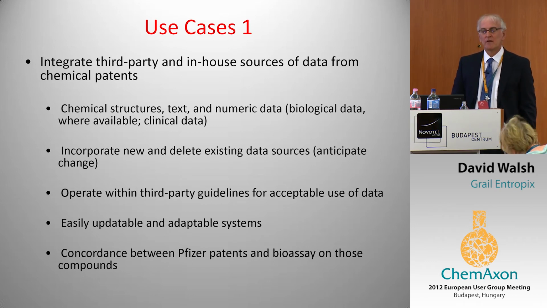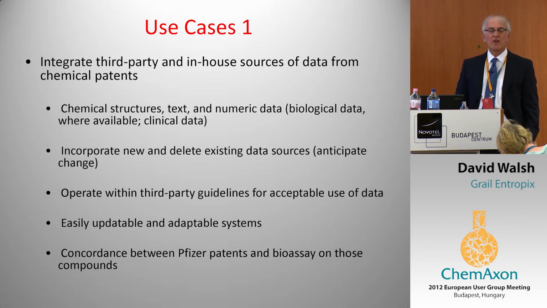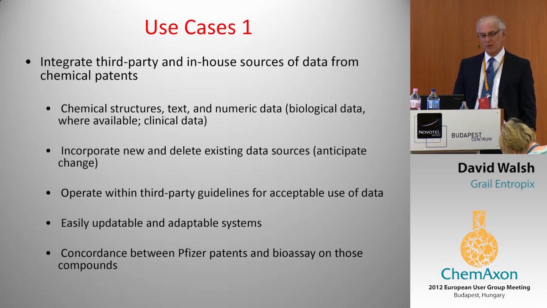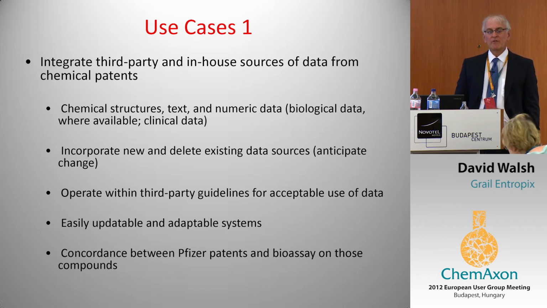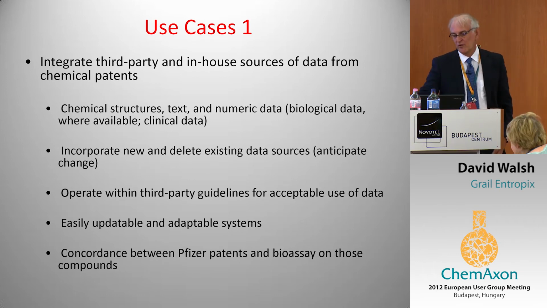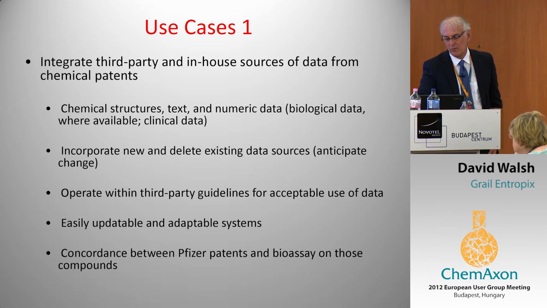So the architecture of the system had to be easily updatable, and adaptable according to different types of data which was being presented. And additionally, the concordance between Pfizer patents and bioassay on those compounds was regarded as important. So the integration of Pfizer information with external data was always a key component of this.